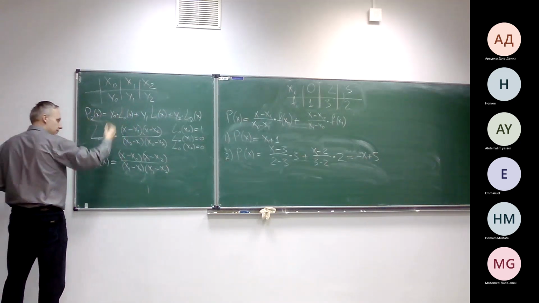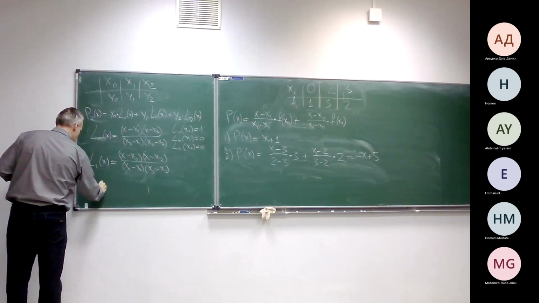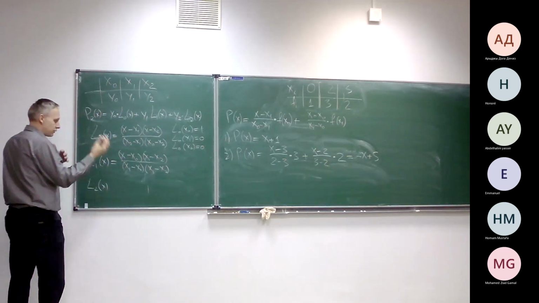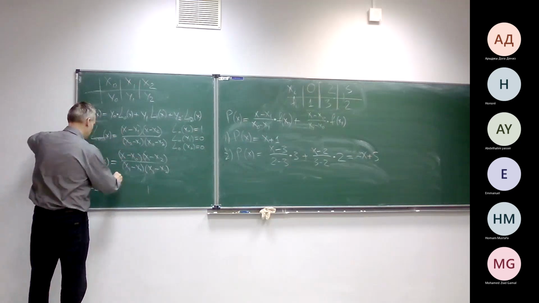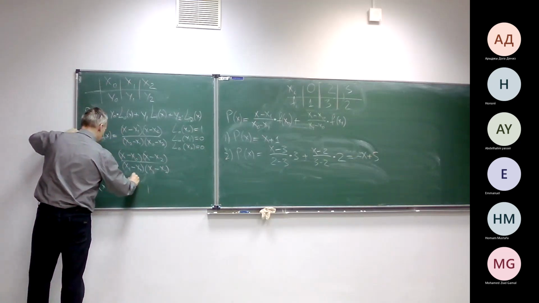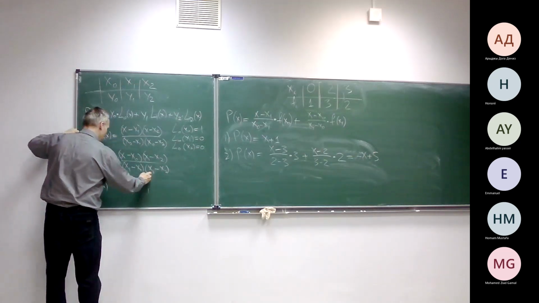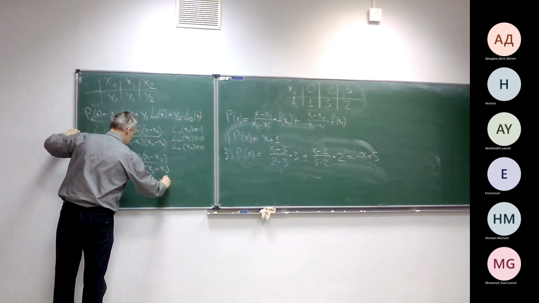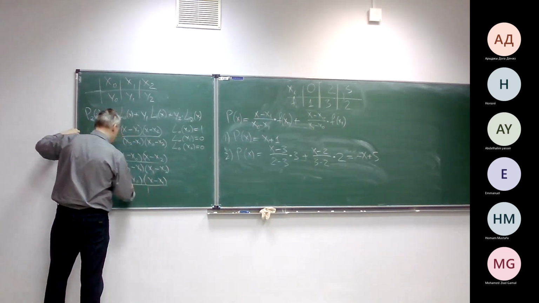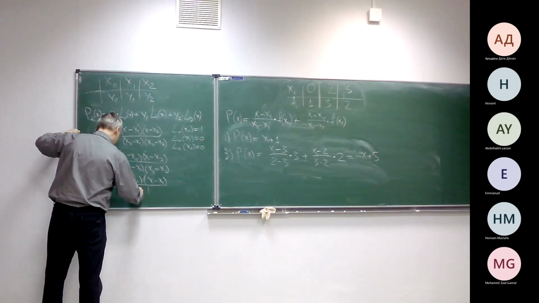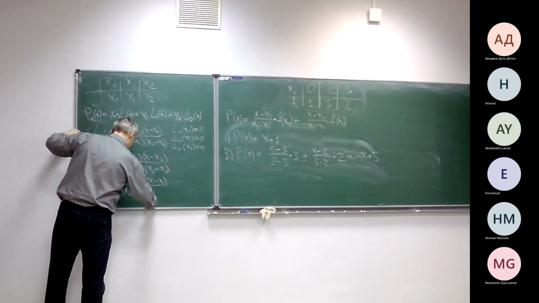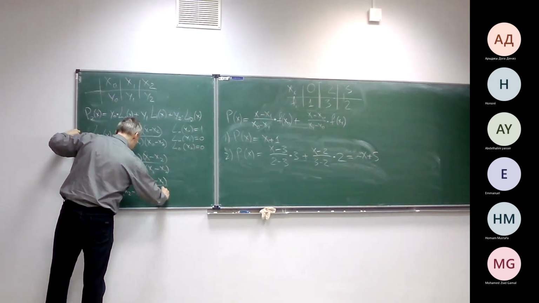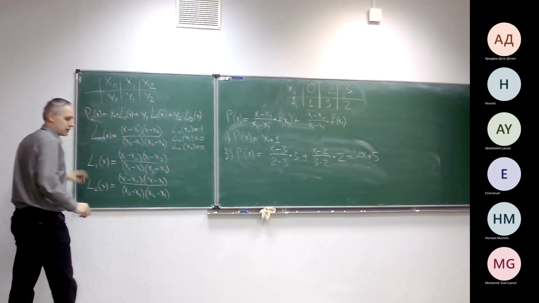And the last term, L2, I should skip the point x2. x minus x0, x minus x1 over x2 minus x0, x2 minus x1.